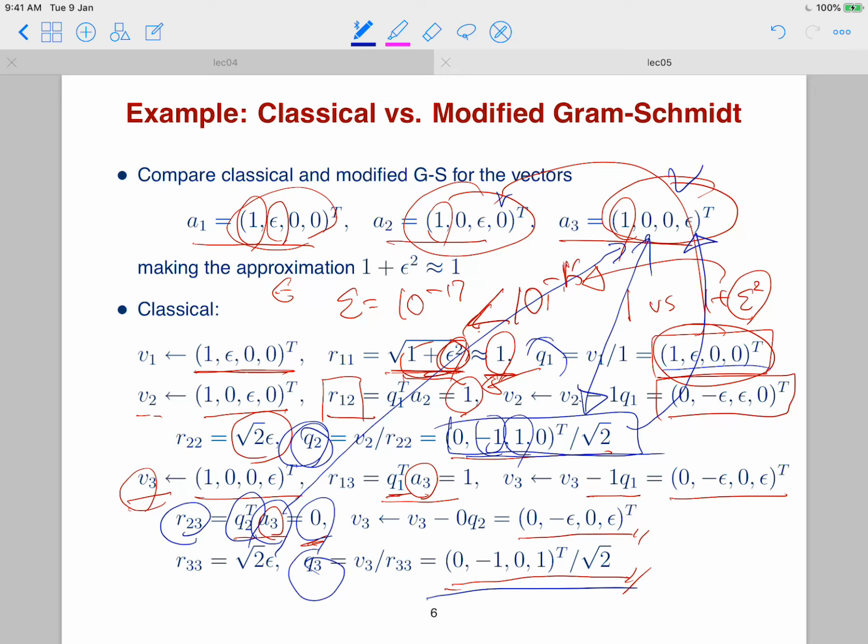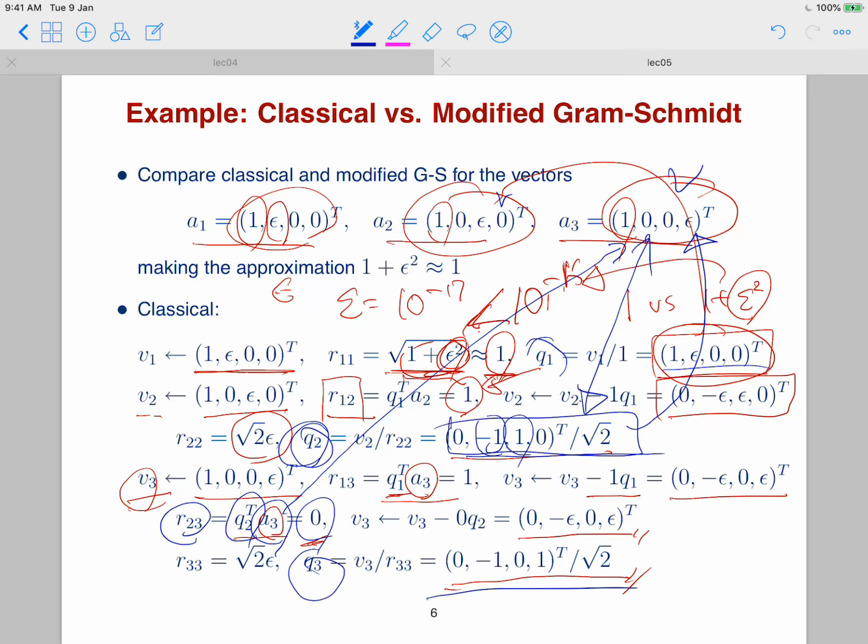And then the projection, I mean the component corresponding to Q1 given A3, that component will be inaccurate, right?